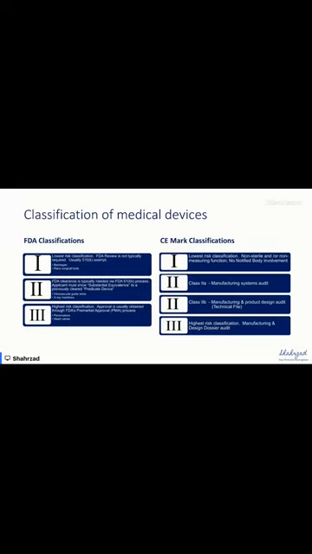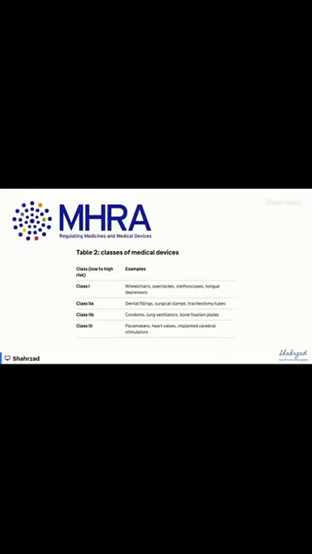Now, I will give you a few examples of the type of medical devices based on risk classification. This table was copied directly from the MHRA website. And as you can see, in the UK, we have a similar system, class 1, 2A, 2B, and 3. Just take a moment to look at the medical devices on the table.